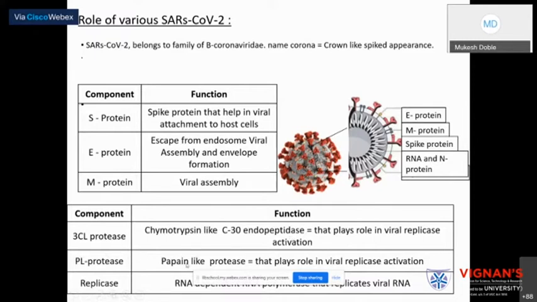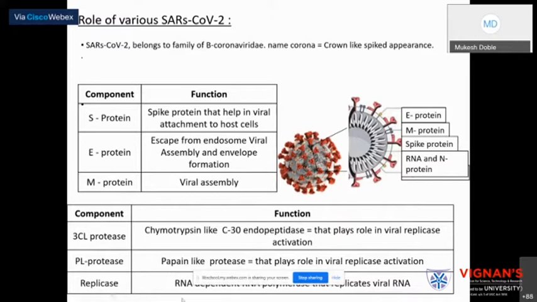Then the PL protease, which is more like a papain-like protein. And then the replicase, the important protein which takes part in replicating the RNA in the host system. So these are possible targets if one is looking at drug discovery. I will talk about each one of them, what current drugs are available, and how we can think about drug discovery as well.